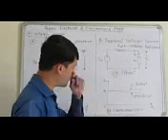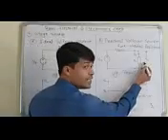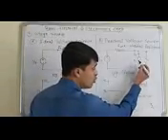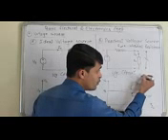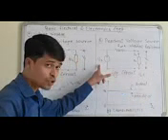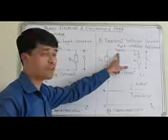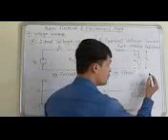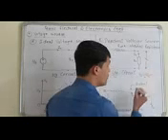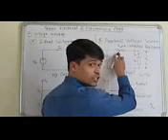So practically, we are finding the voltage across the load resistance. VL is equal to the total source voltage minus the voltage drop across the internal resistance. So it is Vs minus the voltage across the internal resistance.